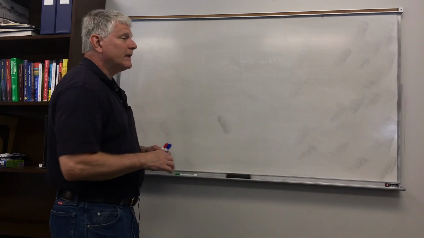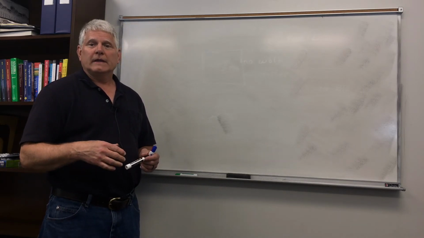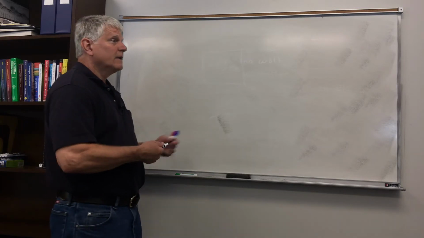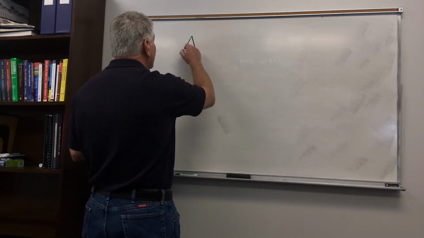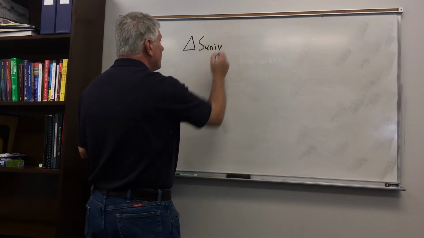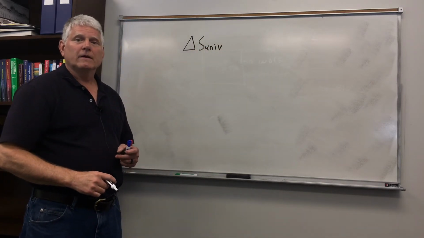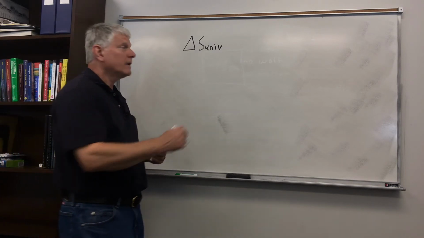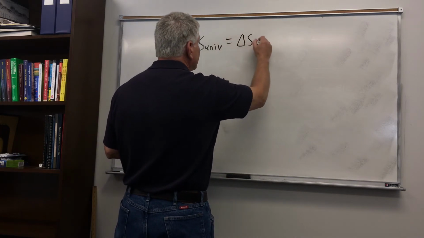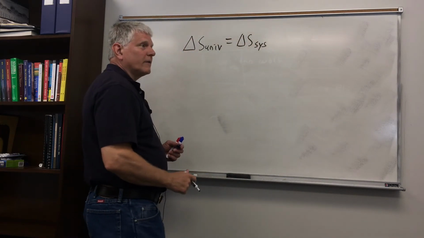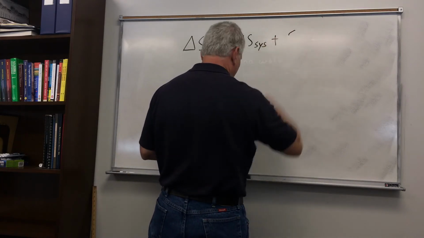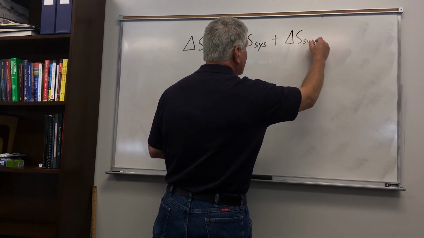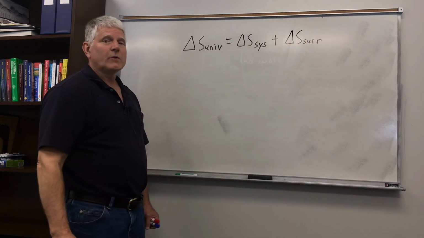So now, let's say we have a system that allows heat, work, or matter to be exchanged with its surroundings. So we can predict the spontaneity of the process by looking at the delta S, the change in entropy of the universe. And this is just equal to the change in entropy of the process for the system plus the change in entropy of the process for the surroundings.